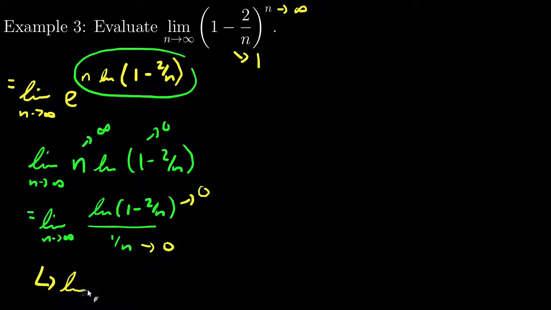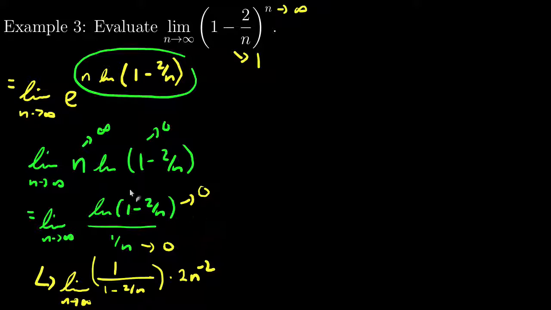So we have the limit as n approaches infinity. The derivative of natural log is 1 over that function, times the derivative of 1 minus 2 over n, which is a positive 2 n to the negative second.